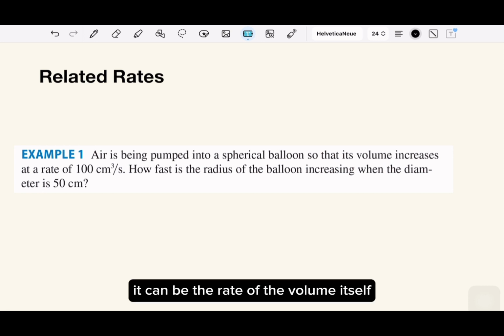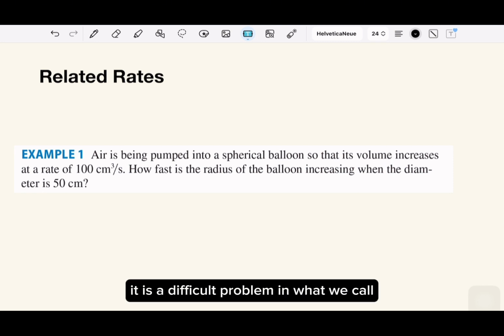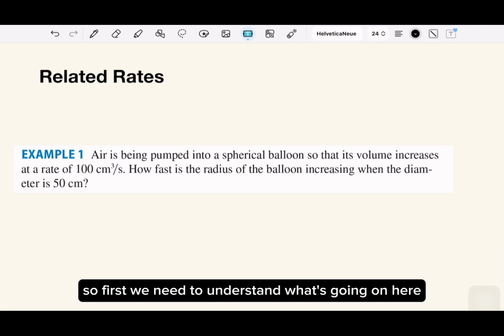It can be the rate of the volume itself, or the rate of the diameter or the radius. So we are going to define all that and then find the connection to solve this problem. It is a typical problem in related rates. So first, we need to understand what's going on here.